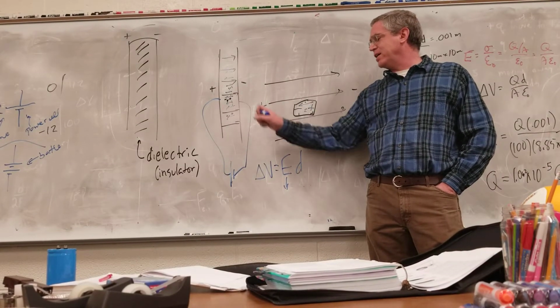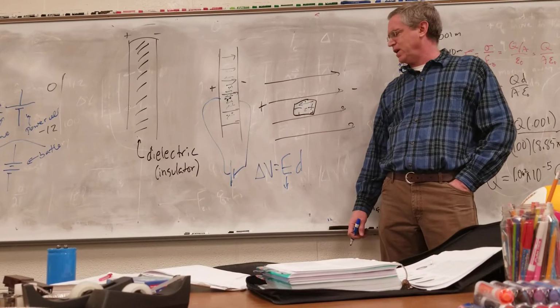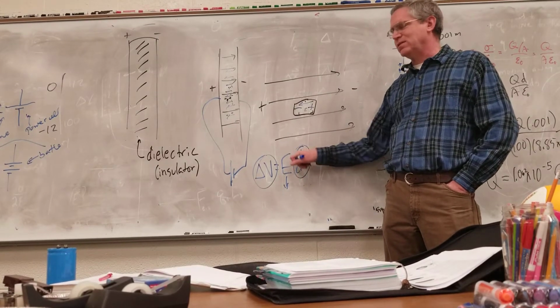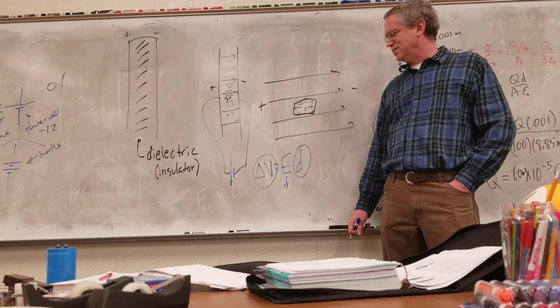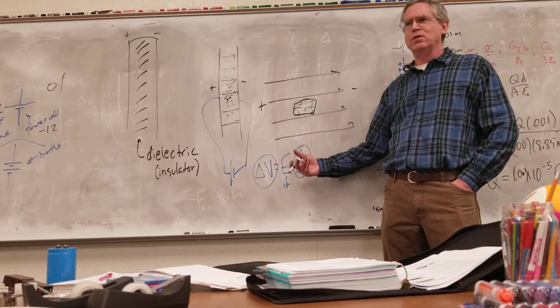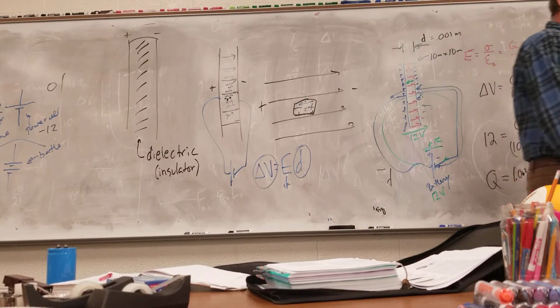We'll talk about that probably on Friday. But if putting a dielectric in between causes the electric field to drop, there's got to be some offset of that, because that's fixed. So the electric field drops, so suddenly my equation doesn't work. And the equation still has to work.